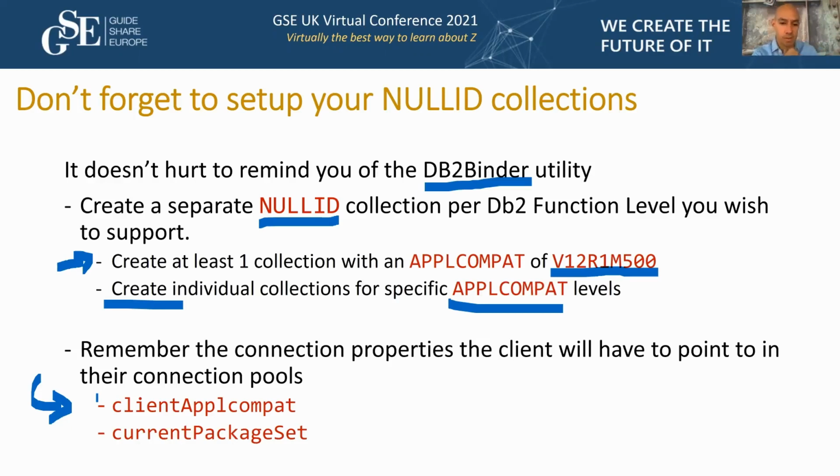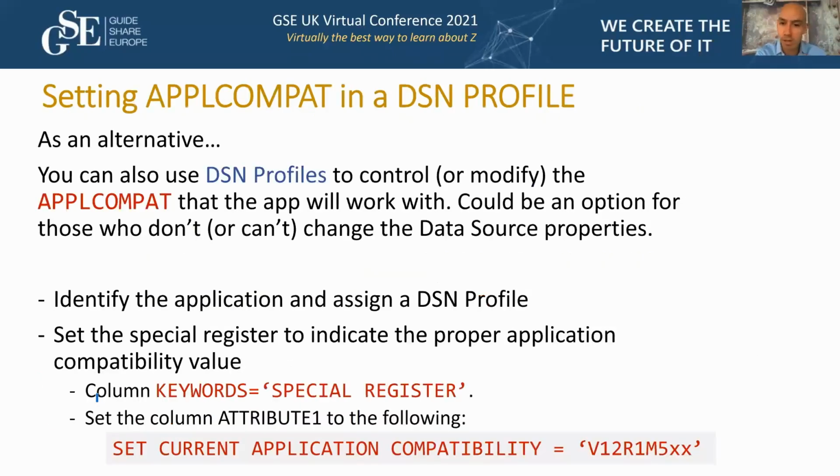Now, if they do happen to connect after that, you have more controls at your disposal. One of them is, you guessed it, with DSM profiles. You can use them to change the application compatibility level once they connect.